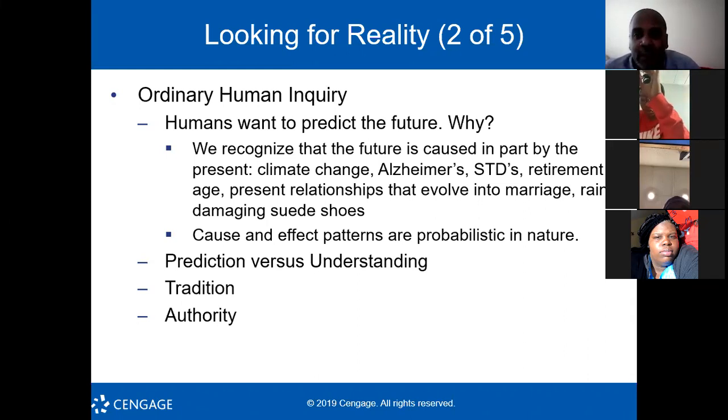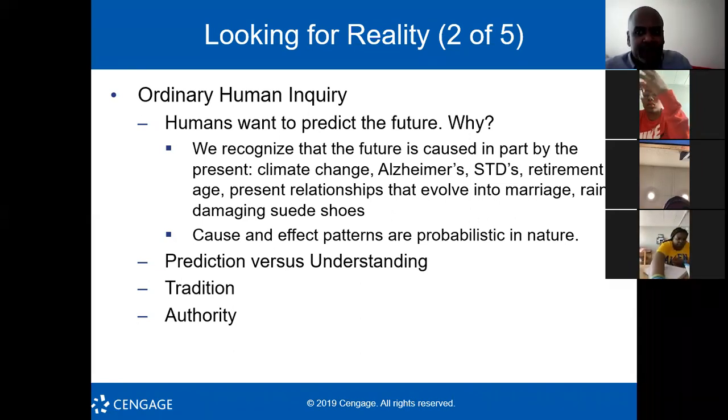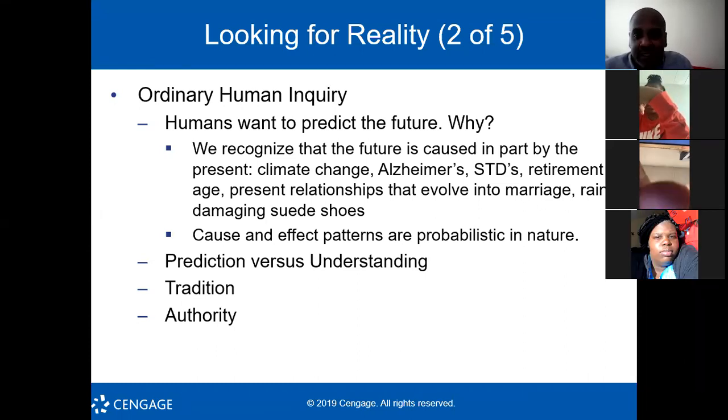For most of human history, the way that we've gotten information and decided what's real is through tradition and authority. What this speaks to is traditional beliefs: because your mother believed this, your grandma believed this, your great grandma believed this, you're going to believe it too. And then authority: I believe it because the president said it, because the chief of police said it, because my professor said so, because my preacher said so, because my father said so.